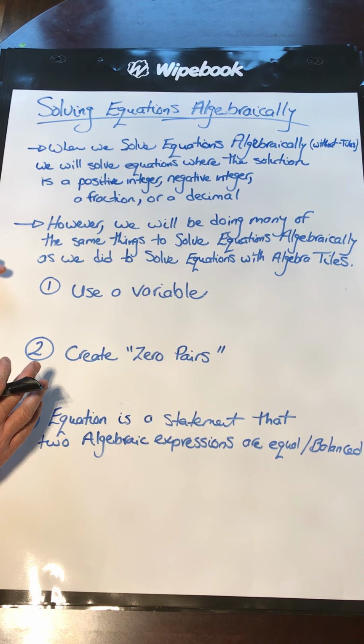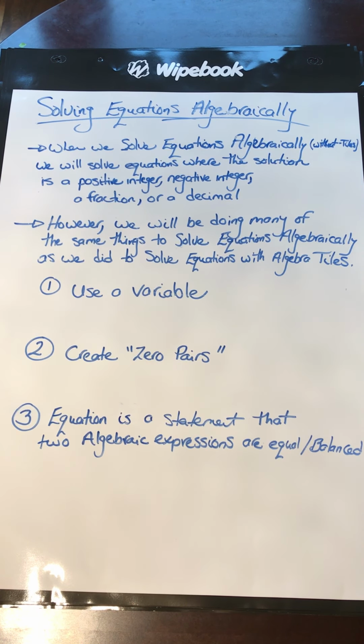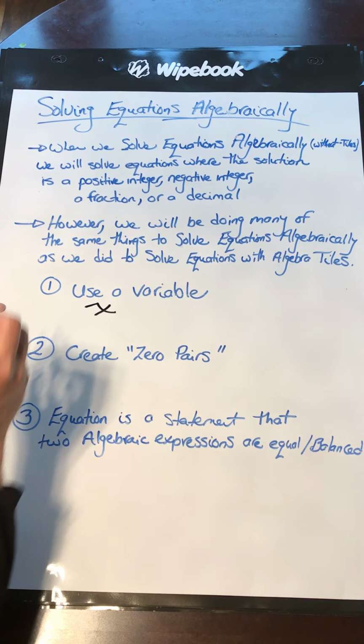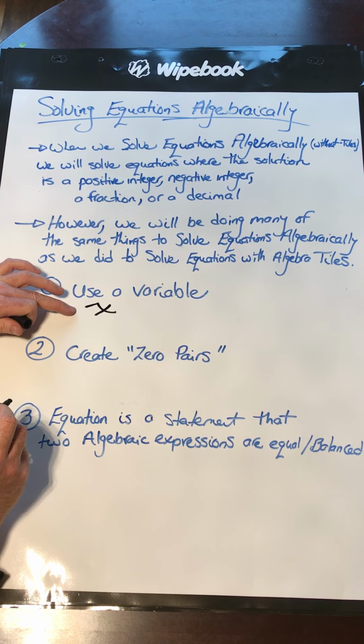So some of those same things is that we're going to use a variable. Okay, and we talked that a variable is a letter or a symbol representing a quantity that can vary or change, and we often use the italicized letter x as our variable, and that's what we're going to be solving for.